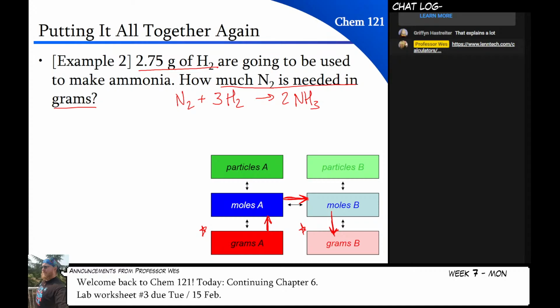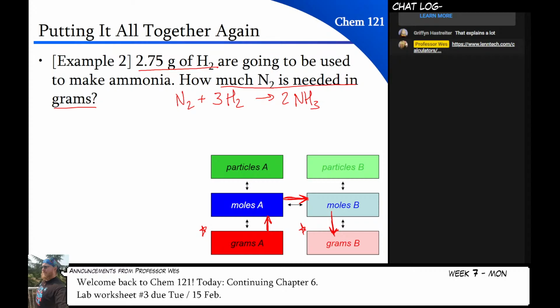All right, we're going to turn our grams of hydrogen into moles of hydrogen. According to the periodic table and or Lentech, 1 mole of hydrogen is 2 something. Let me just get the exact number here. 2.018. Sorry, it's not exact, it's approximate, but more sig figs than just 1 digit. There we go.